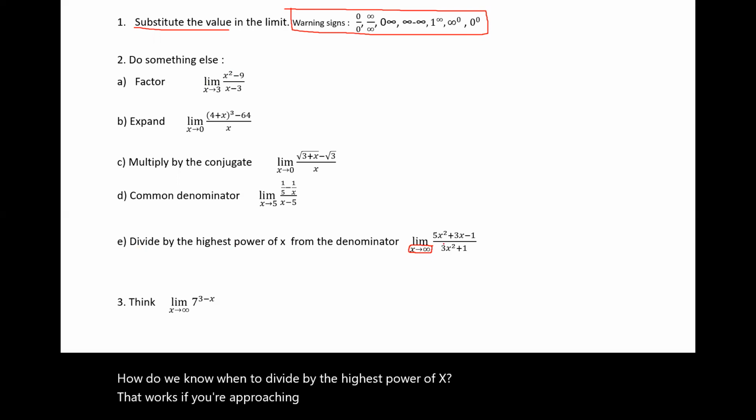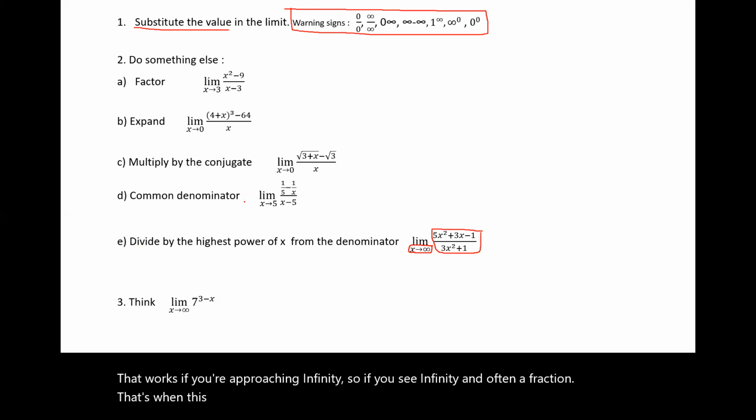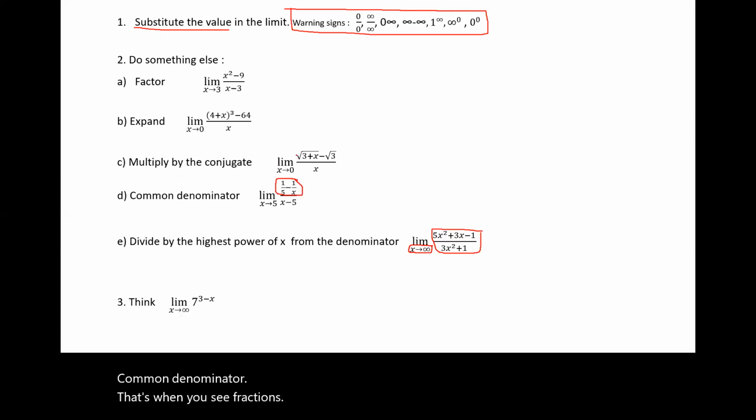So if you see infinity and often a fraction, that's when this is useful. Common denominator, that's when you see fractions. Conjugate, that's when you see radicals. Expanding, that's when you see brackets and exponents.